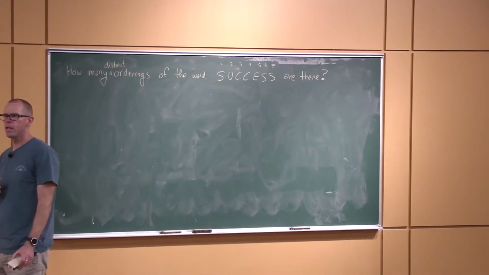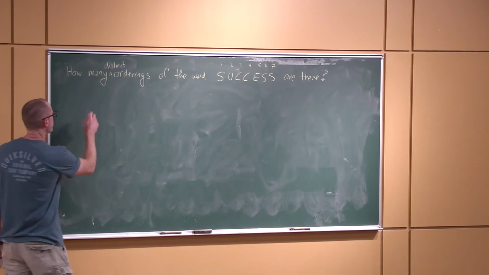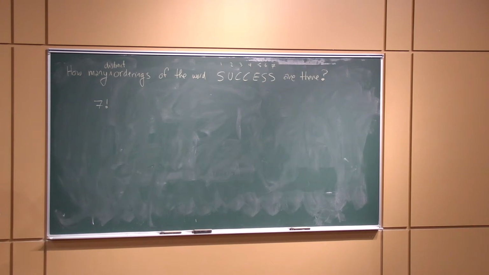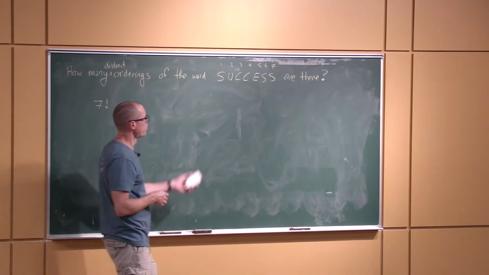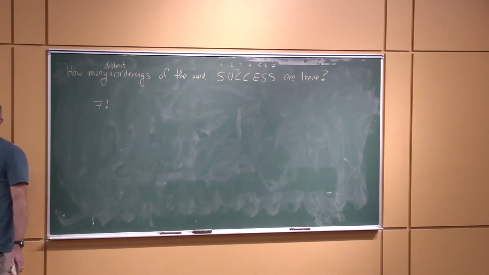So is there an obvious answer or an obviously incorrect answer? Yeah. So 7 factorial seems like what we want, right? I mean, these orderings seem to mean permutations, and there are 7 letters, so there are 7 factorial possible permutations of them.